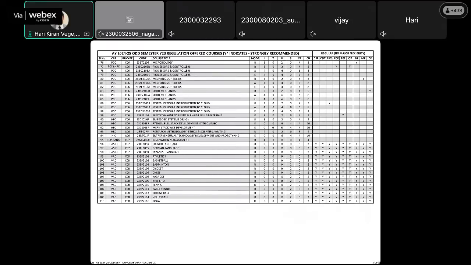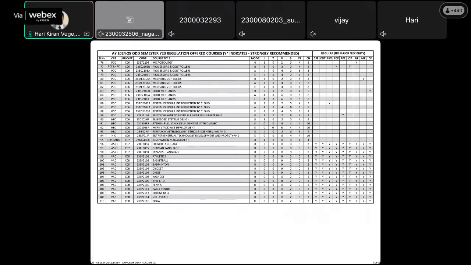For entire CSC and CSIT, it is all kept empty. So then what should I do? If there is a bucket of courses where none of the courses is given as a yes, that means I do not have to take that bucket of courses, right? So if there is no Y mentioned to you, you do not have to take that bucket of courses.